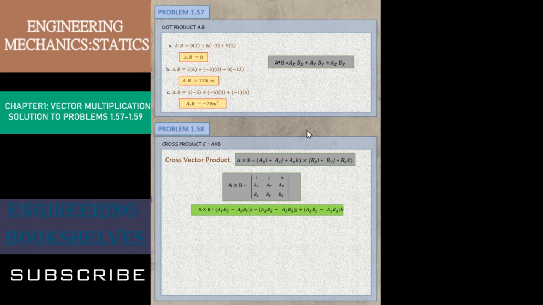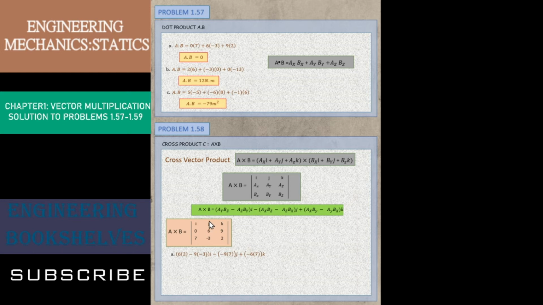To solve problem 1.58, our given data is from problem 1.57. For A, we have 0, 6, and 9. And for B, we have 7, negative 3, and 2. So for i, 6 times 2 minus 9 times negative 3.